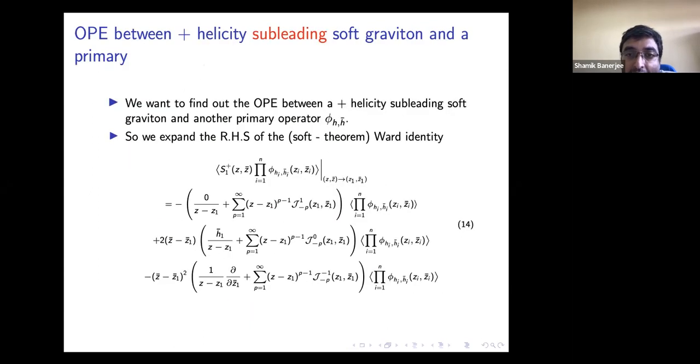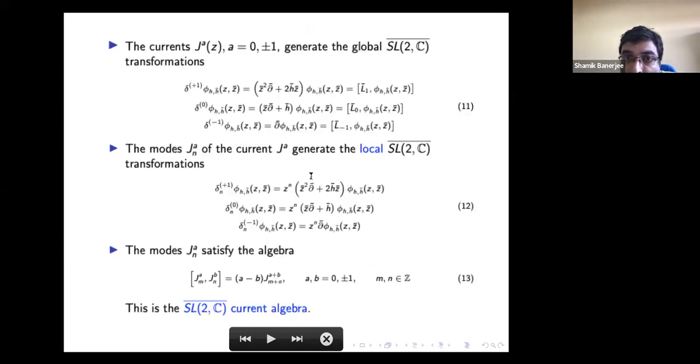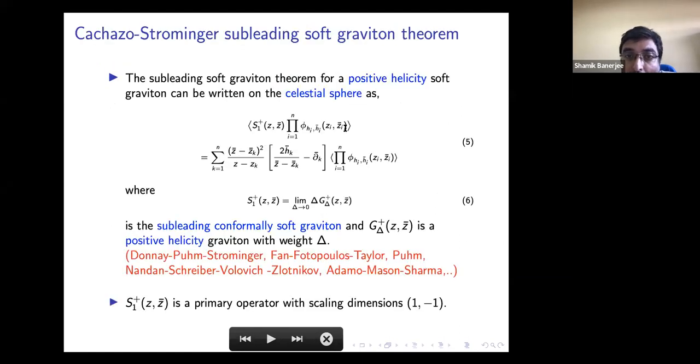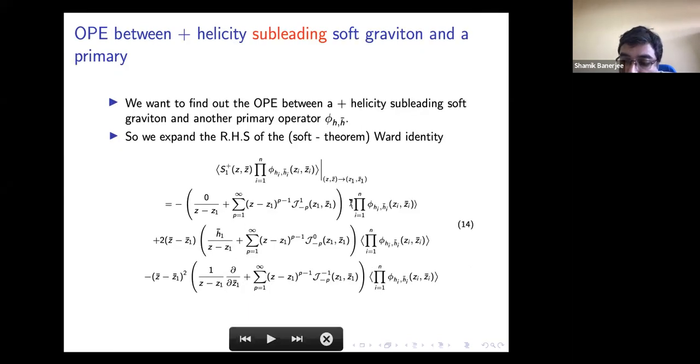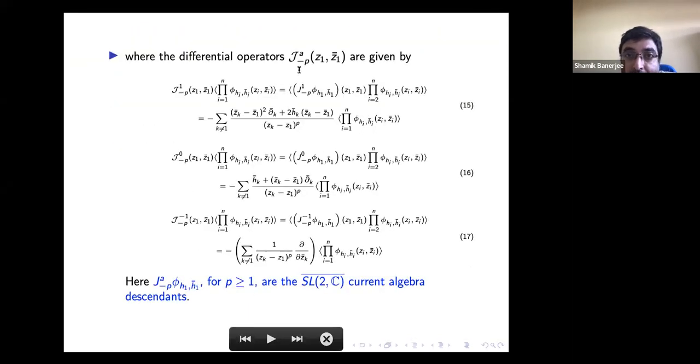The standard way is to take ZZ bar close to Z1 Z1 bar, and then expand the right-hand side of equation 5 in powers of Z minus Z1 and Z bar minus Z1 bar. That gives me these differential operators, JA minus P Z1 Z1 bar, which act on these correlation functions, and they have this form.